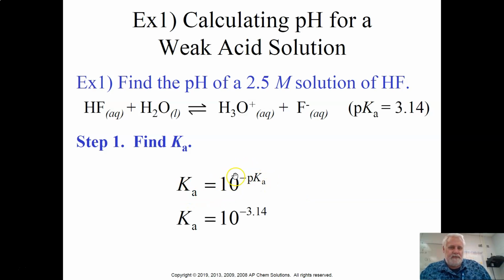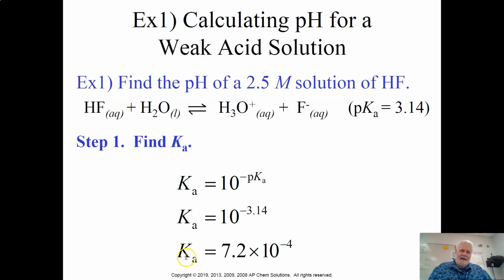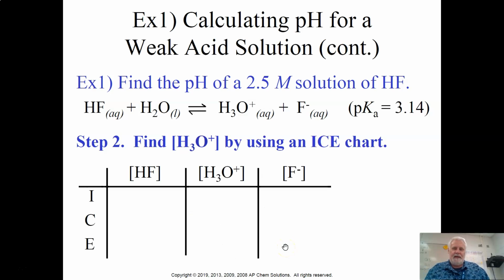And remember, all you do is raise 10 to the negative power of the pKa, as we did here, 10 to the negative 3.14, and the Ka value is 7.2 times 10 to the minus 4. Remember, this is 2 sig figs, and that's 2 sig figs as well. So, it fits right in that wheelhouse of being a weak acid, not super weak. That's not a super small number, but it is small.